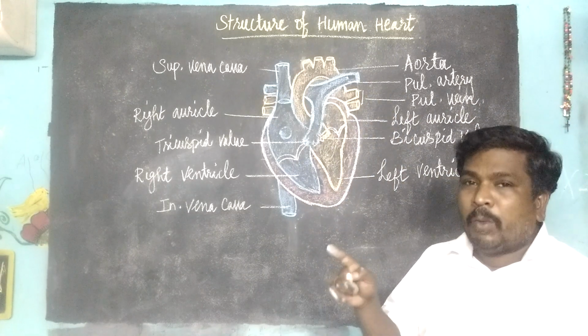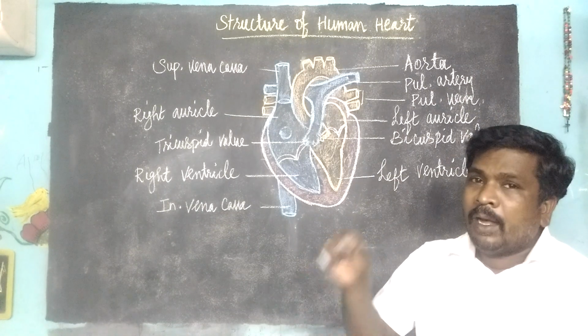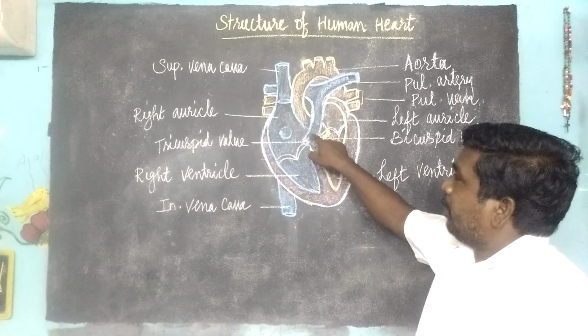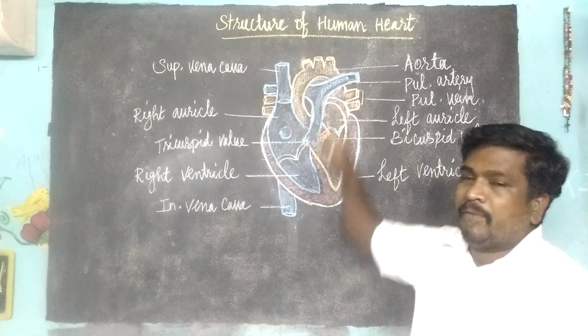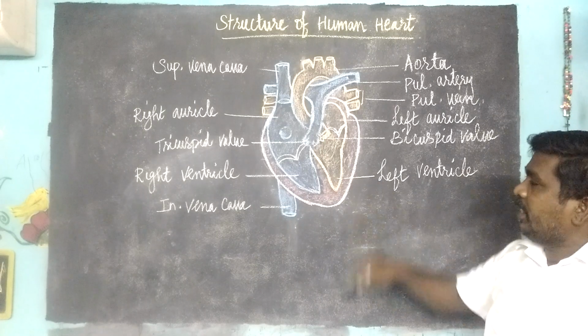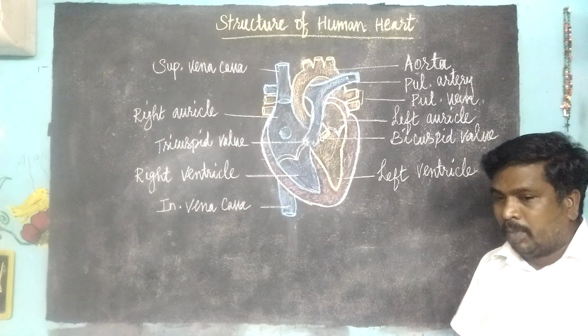These two pulmonary arteries reach the lungs, because they carry the deoxygenated blood and supply it to the right lung and left lung respectively.